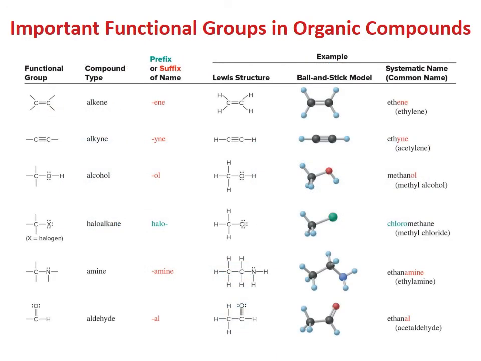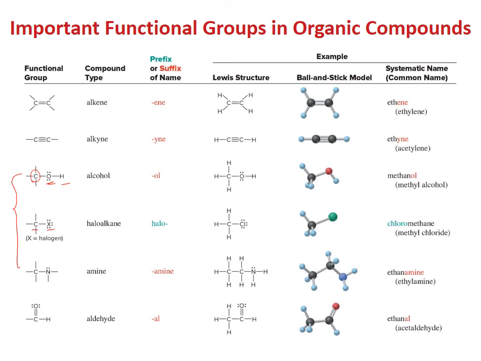Let's summarize the important functional groups in organic compounds. We started with the functional groups that contain only single bonds. These are alcohols, haloalkane, amine. In alcohol, a carbon bonds to an oxygen with hydrogen. In haloalkane, carbon bonds to a halogen atom.